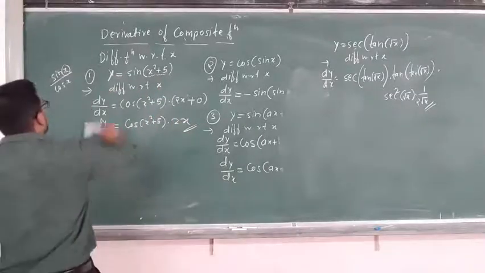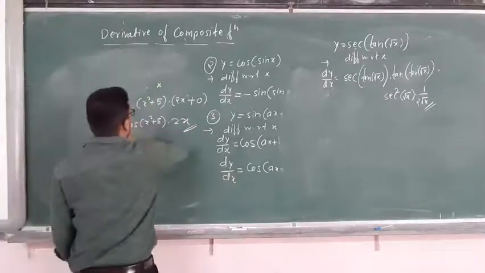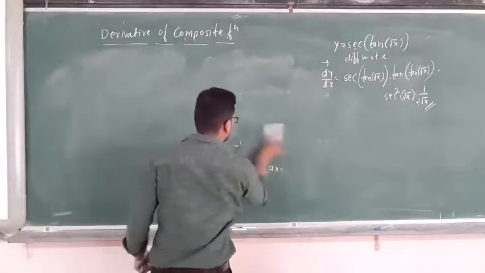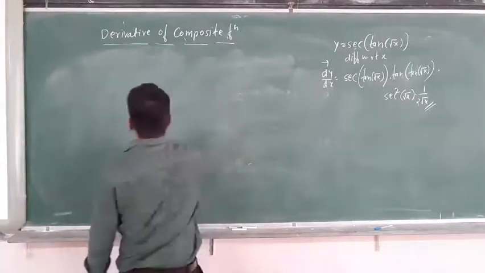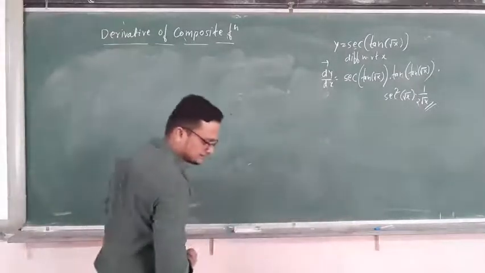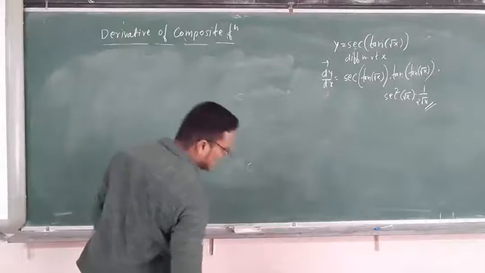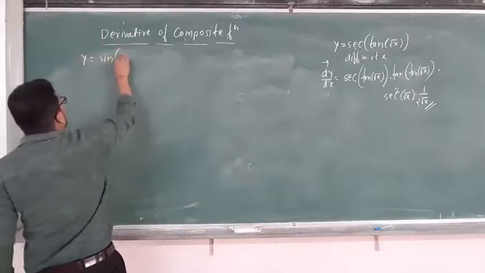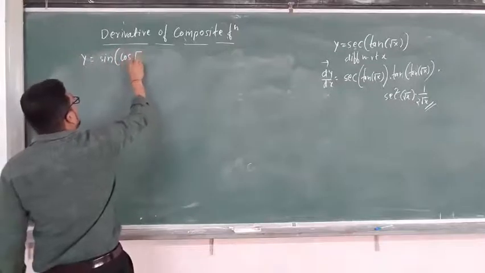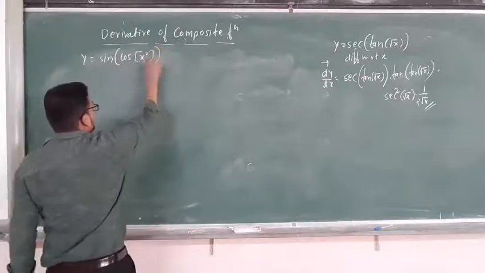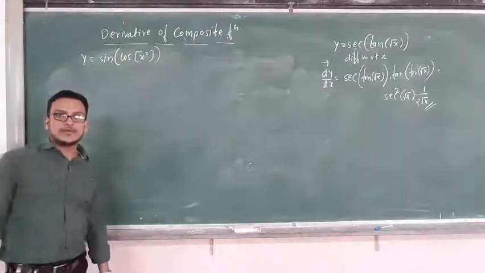Now next example. I will solve some more examples to get the idea of the derivative of a composite function. y = sin(cos(x²)).